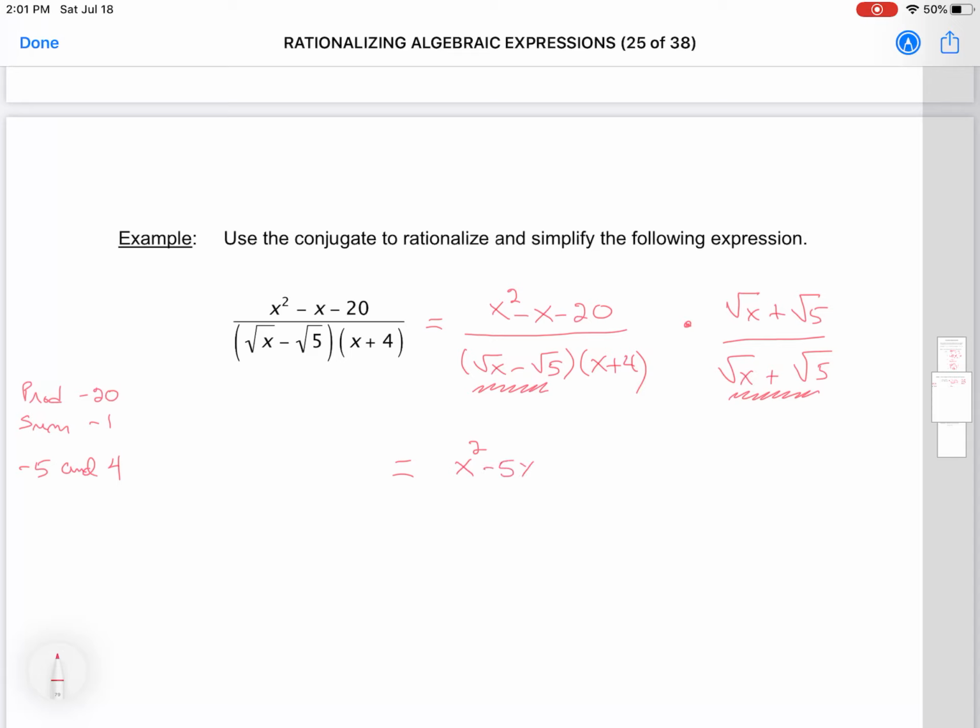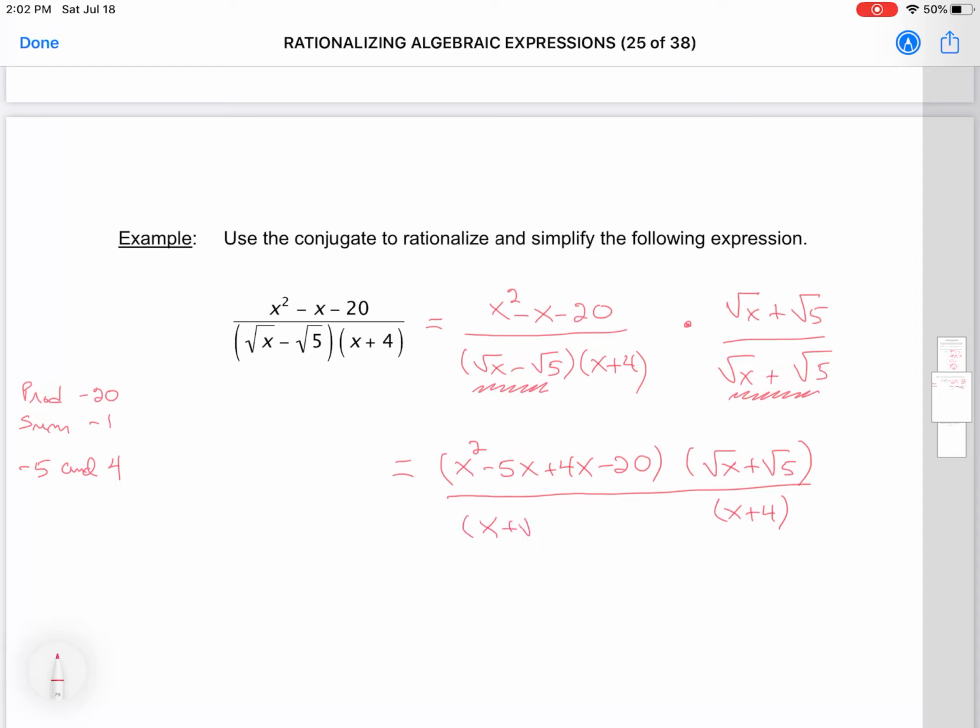So let's see if we can rewrite this guy as x squared minus 5x plus 4x minus 20 times root x plus root 5. And here we're going to leave out the x plus 4, and we're going to expand the multiplication of the conjugates.